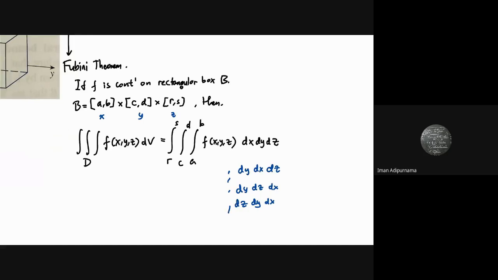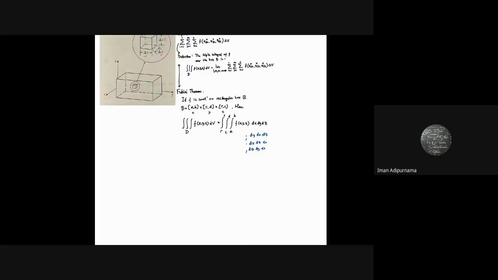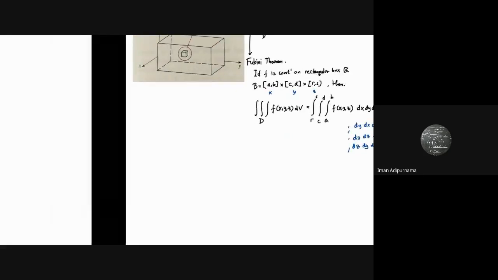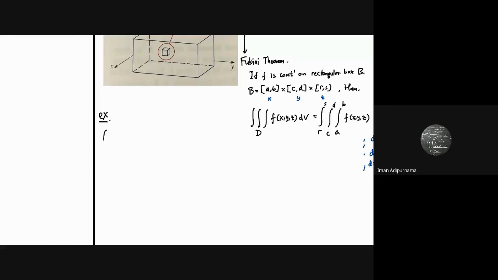Okay. Let's start with a simple example on how we can compute our triple integral. Let's say we have triple integration with G as the region of volume.